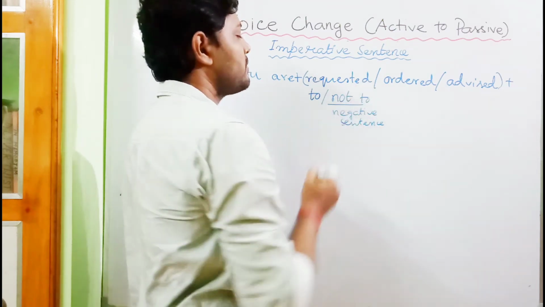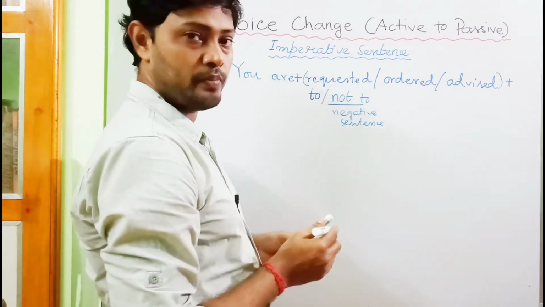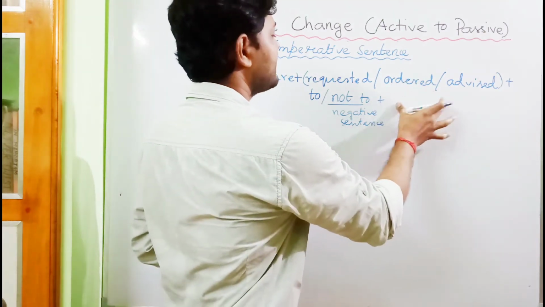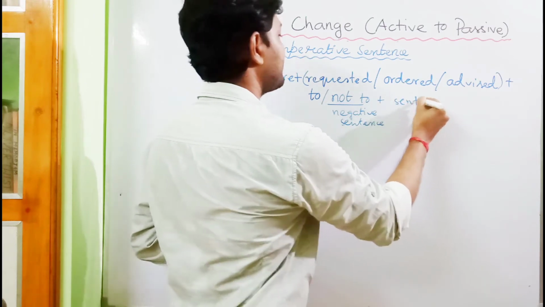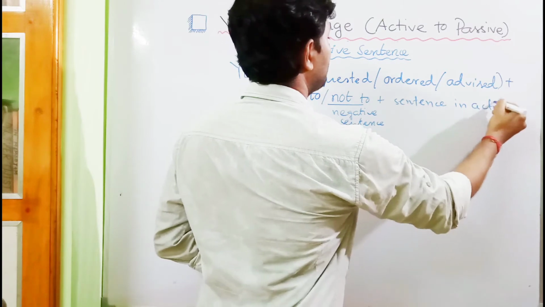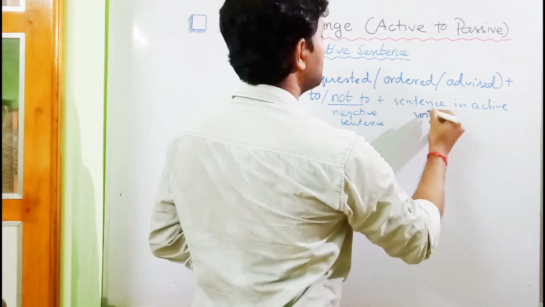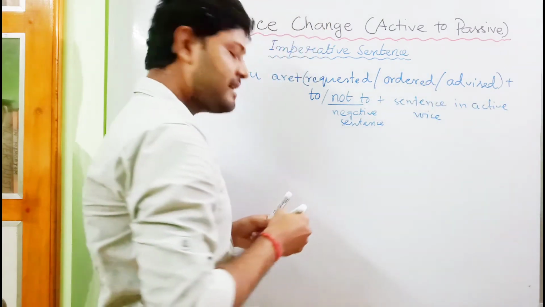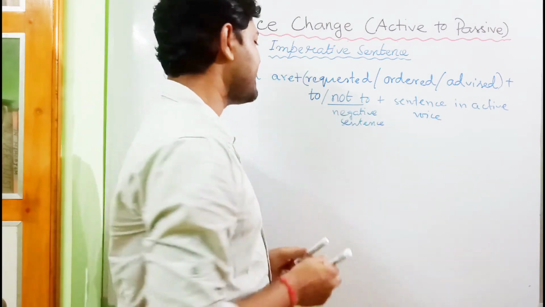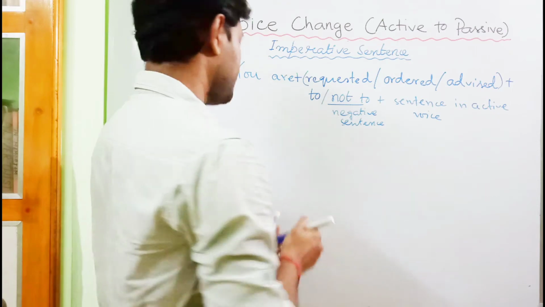After that you have to write the sentence in the active voice, that means the sentence which you will find in the question paper. Clear? Let's take an example. It will help you to understand.